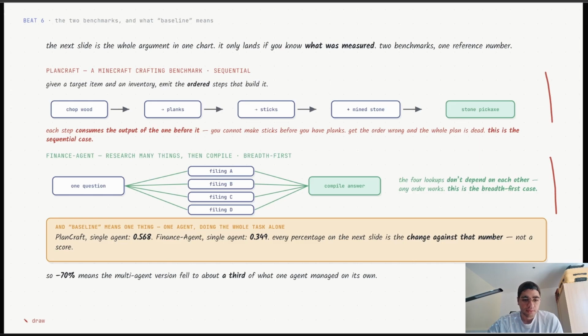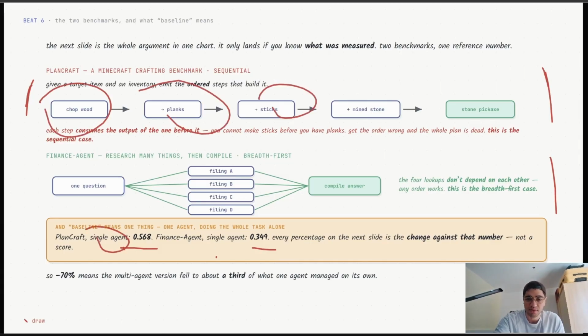So on Minecraft, these are the results for the single agent, and for finance agent, these are the results of the single agent. As you can see, the sequential side is doing better, because if you're a single agent, you're going to do this, then this, then this, then that, then that.